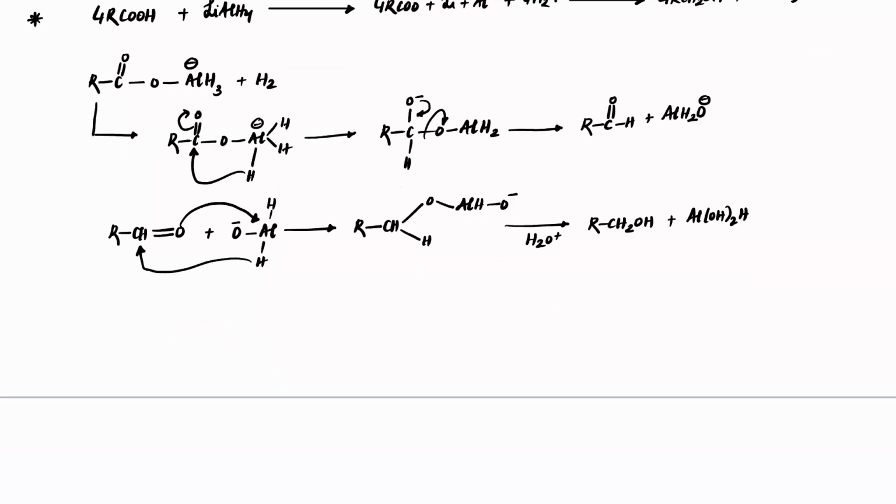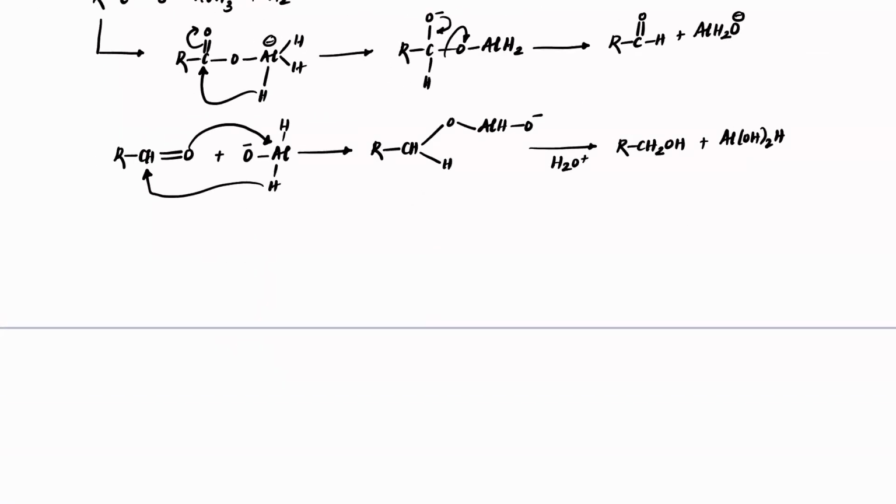So stoichiometrically, let me show you the stoichiometric ratio. If I take 4 moles of acid, first I require 1 mole of lithium aluminum hydride to convert this into 4 moles of RCOO minus and 4 moles of H2.